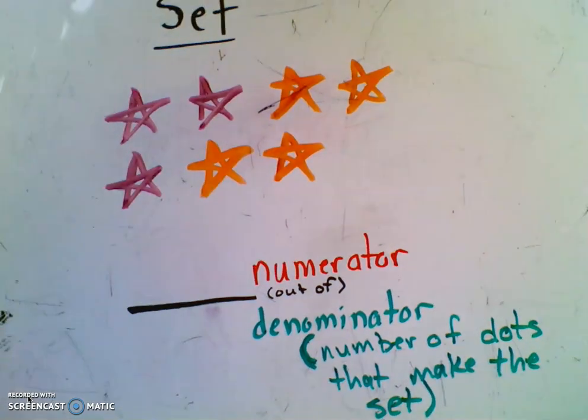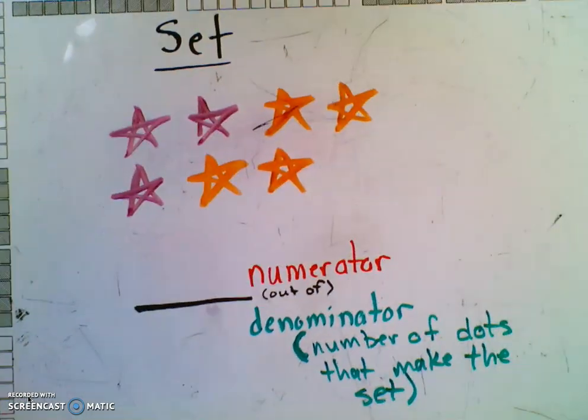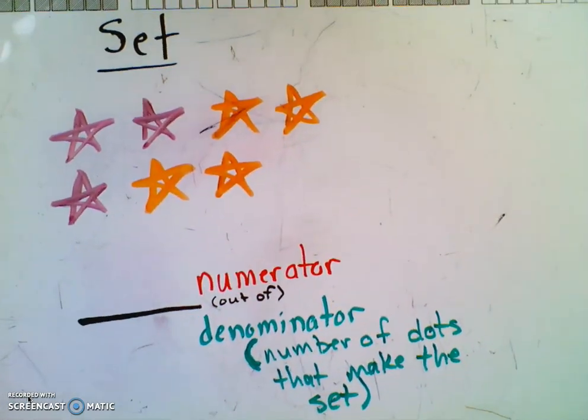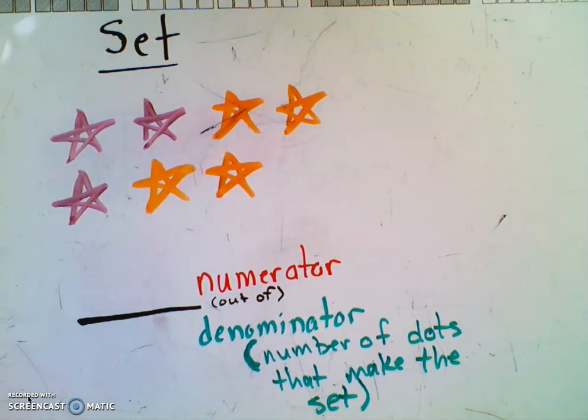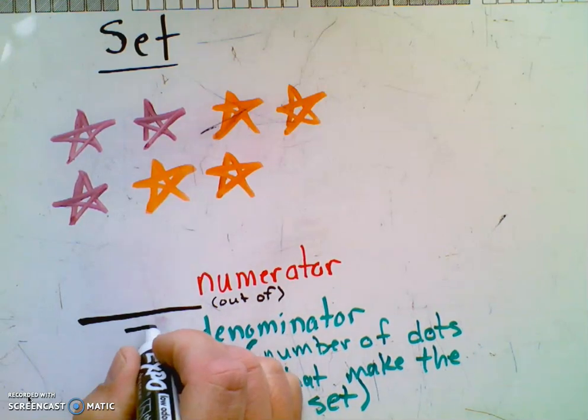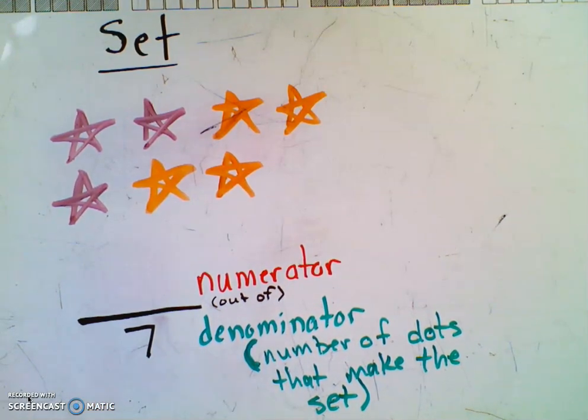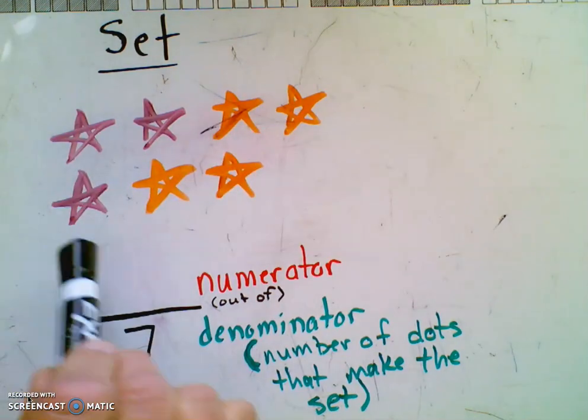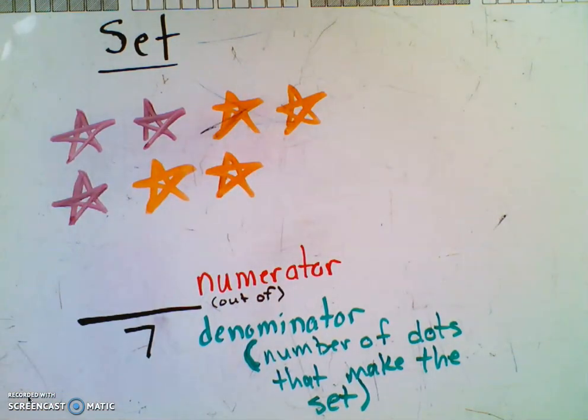I hope you just said 7, because if you said 7, that would be correct. There are 7 stars in my set, so my denominator is going to be 7. And it doesn't matter what question I ask you next, the denominator will always be 7 because there are 7 stars in my set of data.